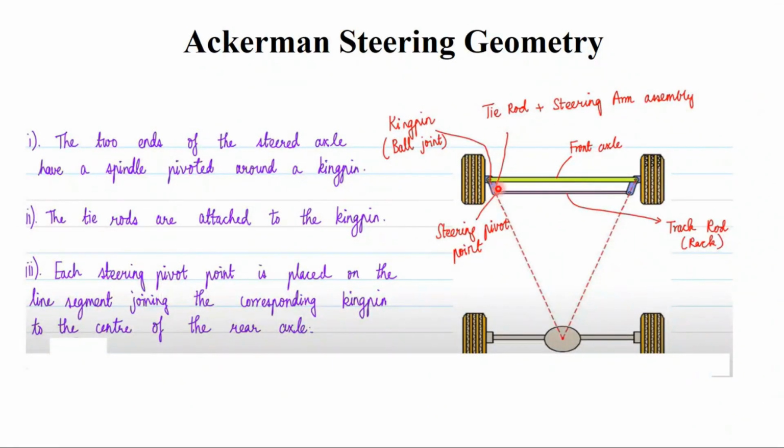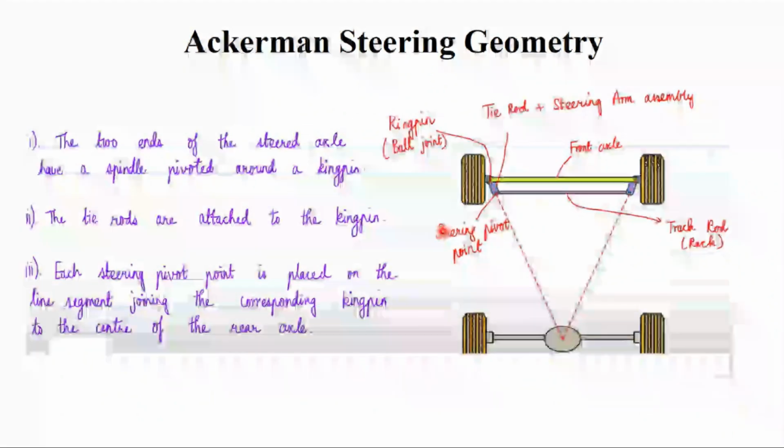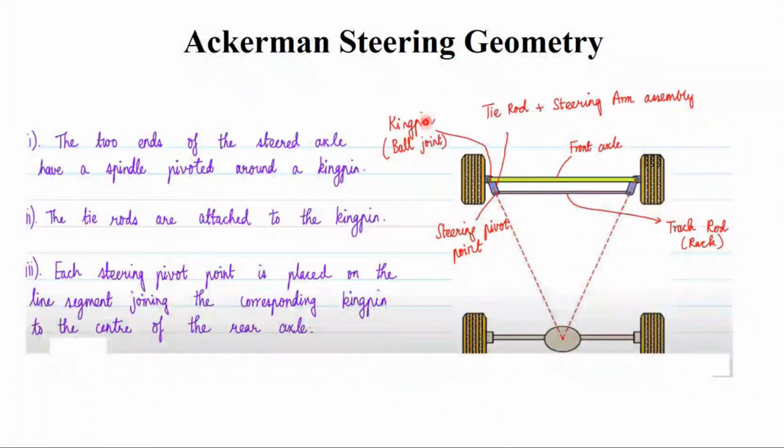It is called the left tie rod and left steering arm assembly, and this is called the left steering point, and this is the left kingpin or left ball joint. As I said, the kingpin is used in the case of a commercial vehicle, and in the case of a normal passenger car, you call this a ball joint, right?